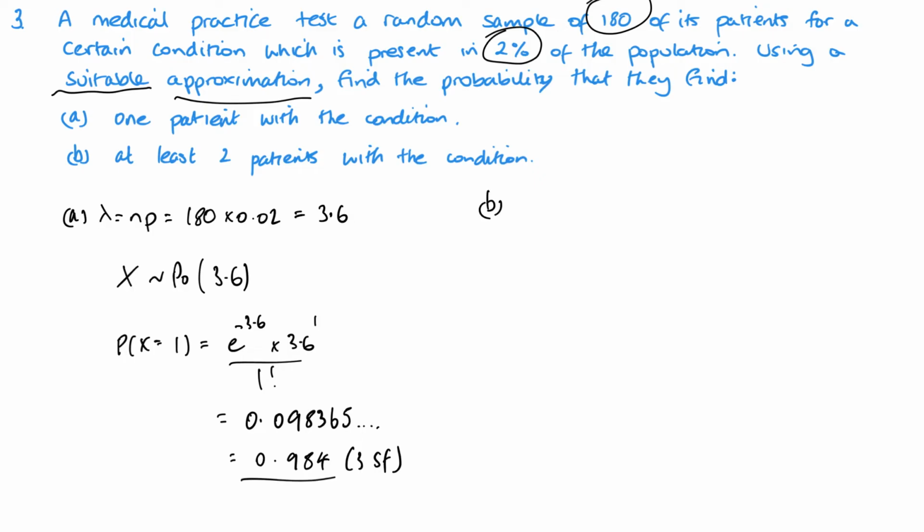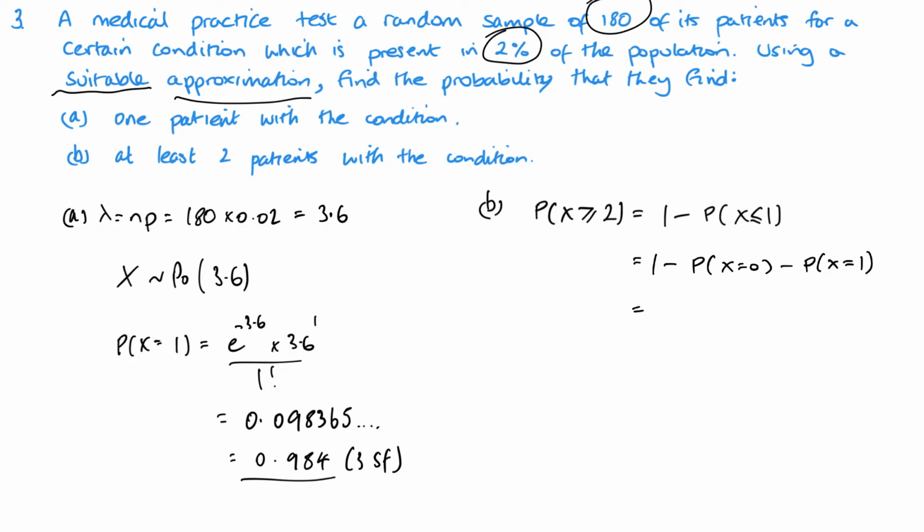Looking at part B, at least 2 patients with the condition. So the probability of greater than or equal to 2. This is going to be 1 minus the probability that x is less than or equal to 1. Now 3.6 isn't in the tables, but less than or equal to 1 simply means we're taking away when x equals 0 and when x equals 1.